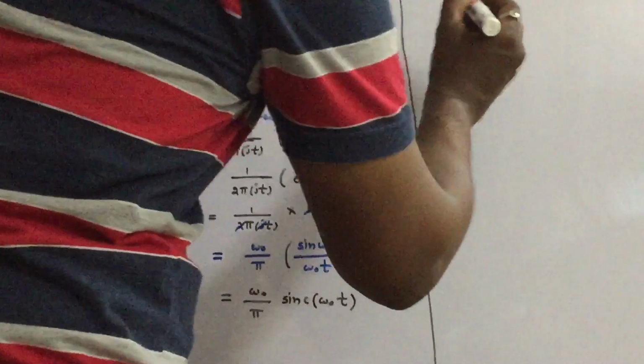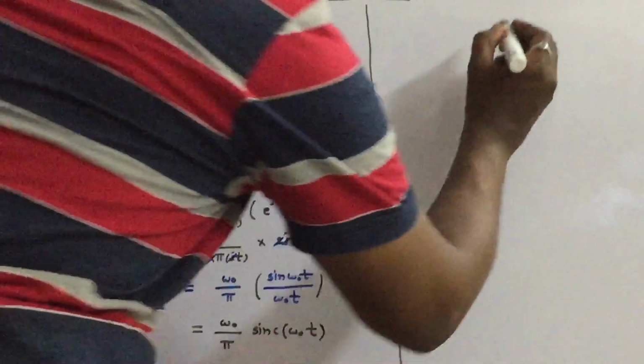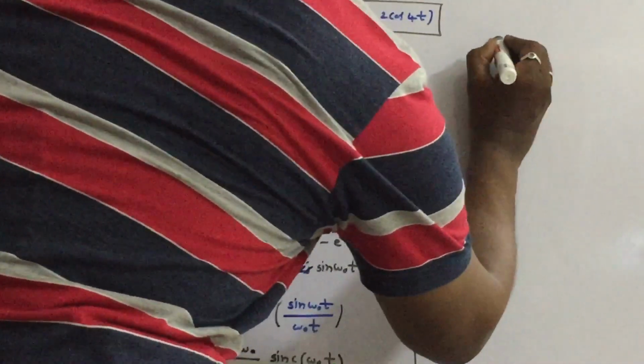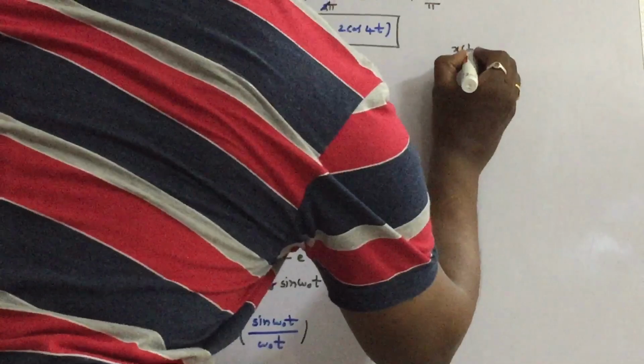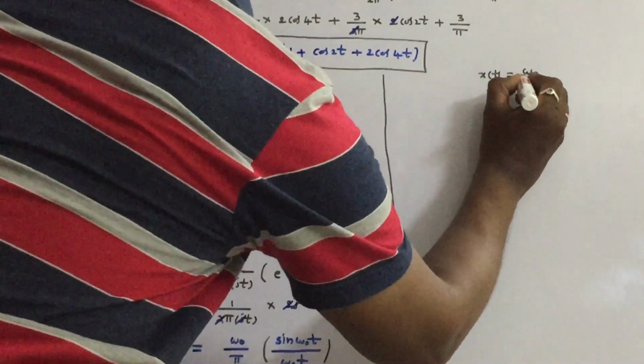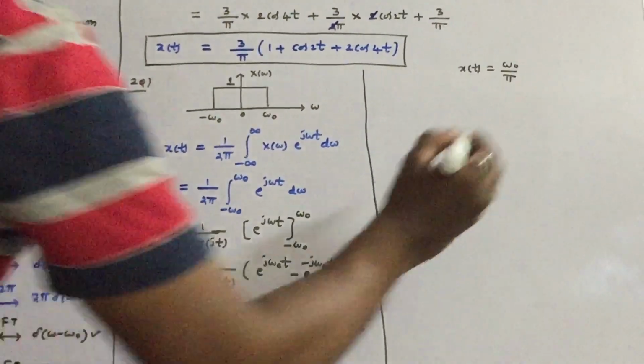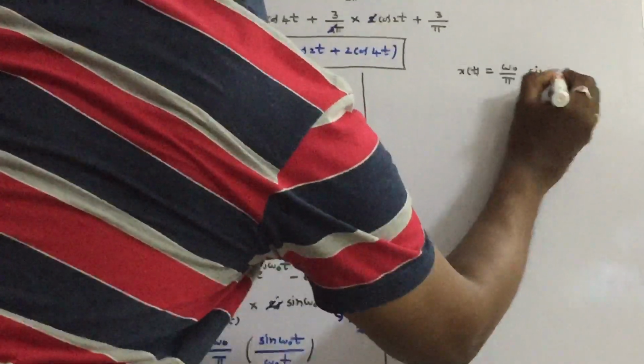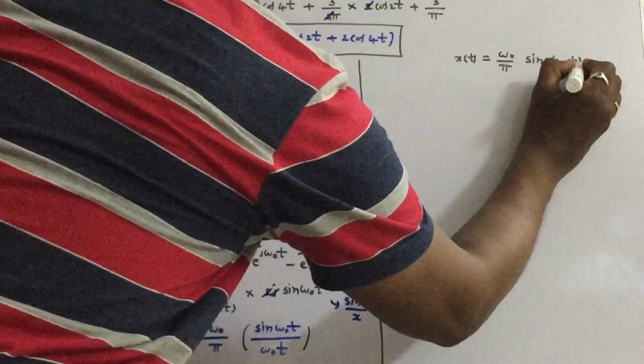So let us plot this sinc. What is the x of t answer? The x of t answer is omega 0 by pi into sinc of omega 0 t.